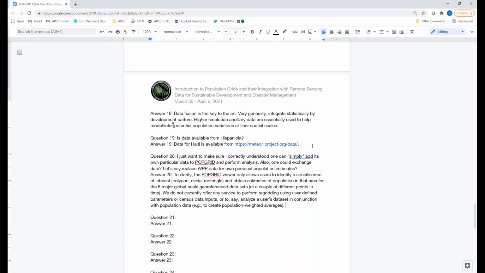Although we've actually talked about and thought about what other functions one could perform over the internet, such as letting people upload data and then using the population data to help them create weighted averages, those sorts of things. But at the moment, all one can really do is get a custom extract of the population data summed to a user-defined area.